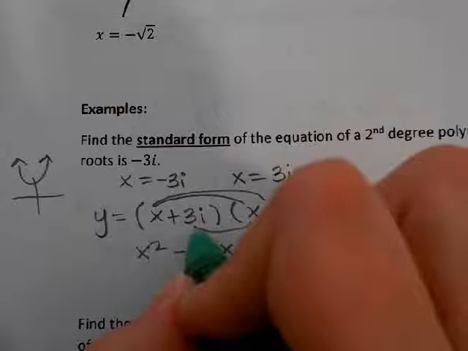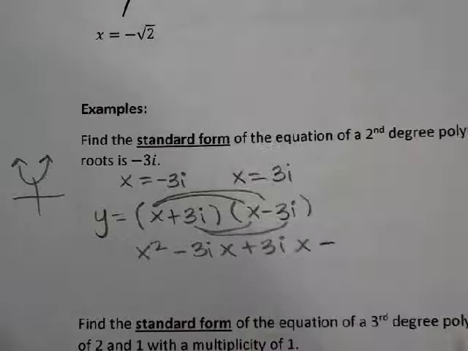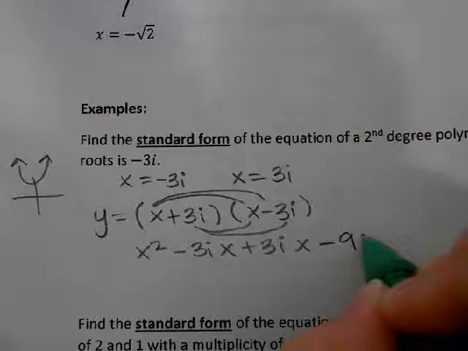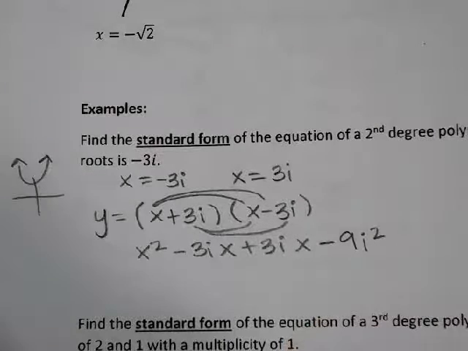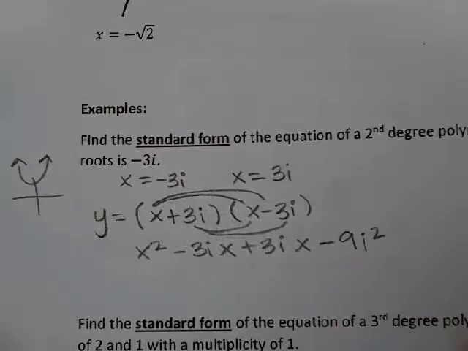And then 3 times 3 is 9. i times i is i squared. And does anyone remember what an i squared is? It's something very specific. Negative 1. Everyone remember that? Okay. i squared is a negative 1. So we have a negative 9 times a negative 1.